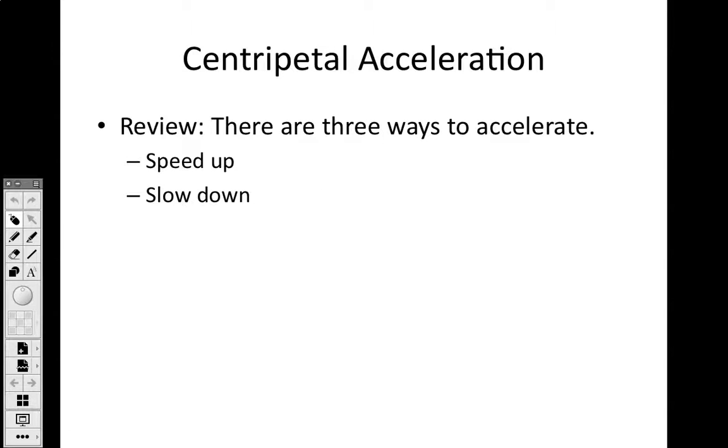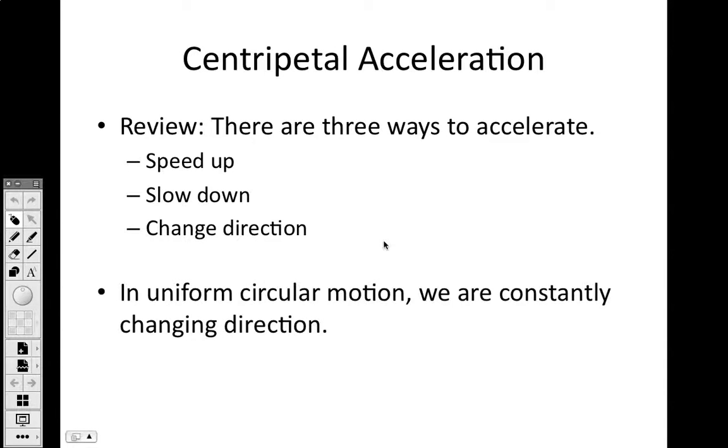But there's also a third way that applies to objects undergoing circular motion, and that's when we change our direction. If we change our direction, then we are accelerating. So in uniform circular motion, we are constantly changing direction because it's constantly moving.